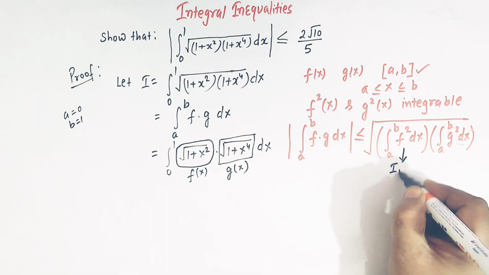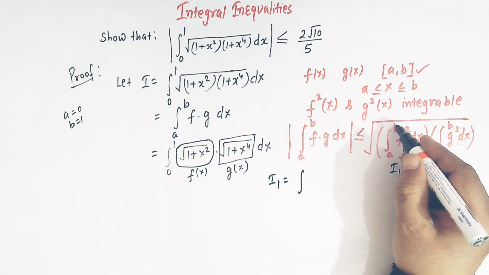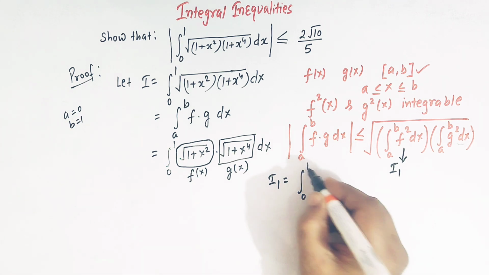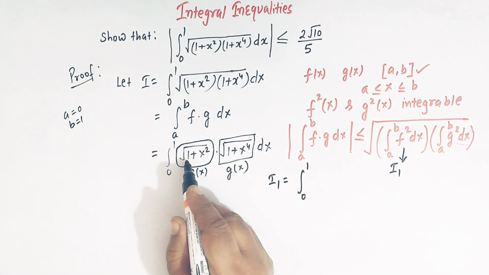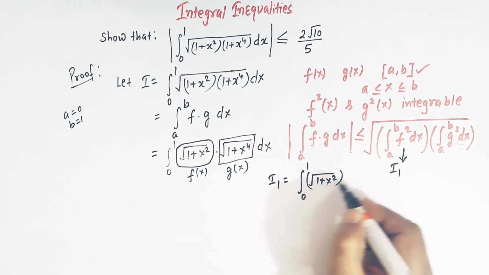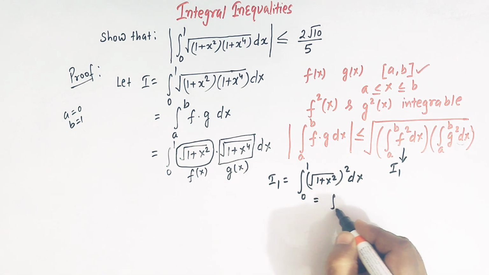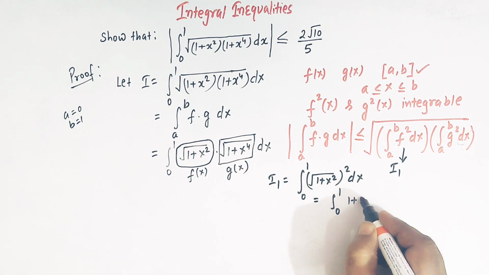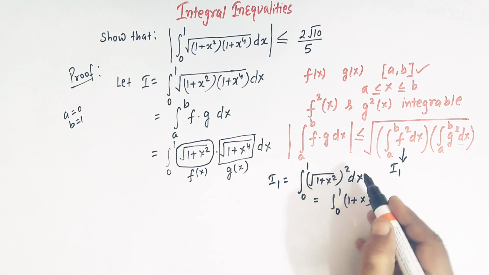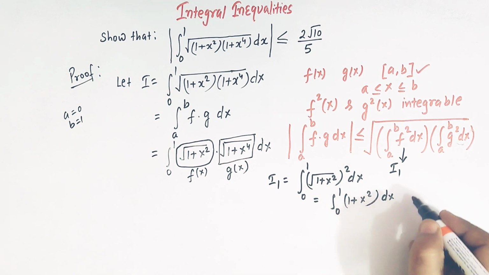Now let us calculate the integrals. Let us take I1 as the integral a to b of f square, where a is 0, b is 1. So f square is the square root of 1 plus x square, whole square, dx. The square root gets cancelled with the square, and we have simply the integral from 0 to 1 of 1 plus x square dx.